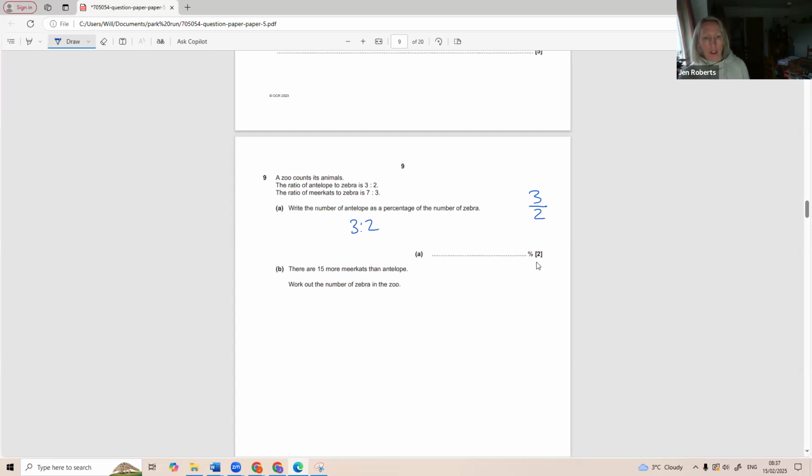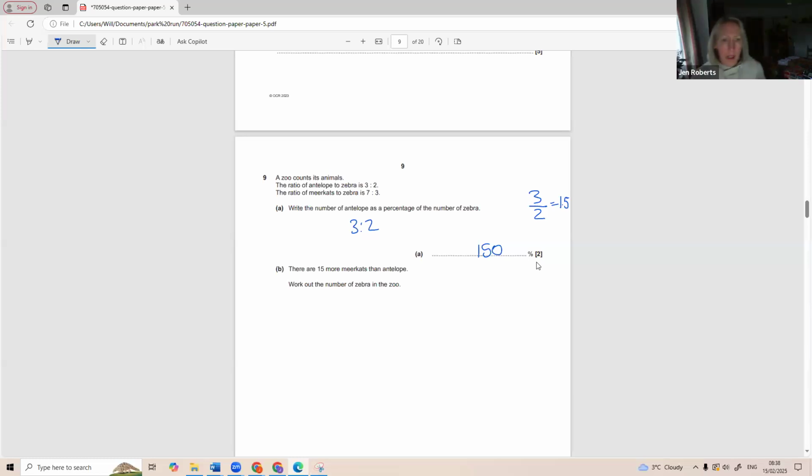Okay, so now we've got it as a fraction. How do we convert that into a percentage? 3 divided by 2 is 1.5. You could have done a little bus stop method to find that out maybe if you weren't sure. And how do we then convert that into a percentage? Times it by 100, so it's 150%.